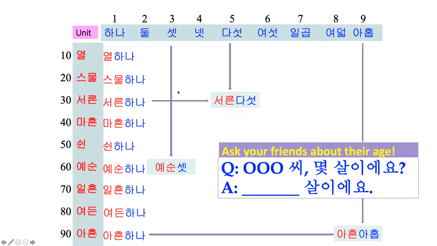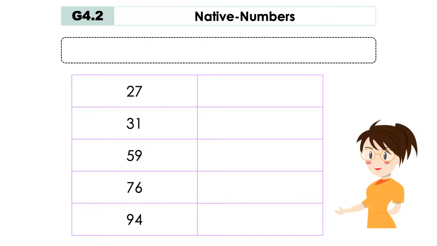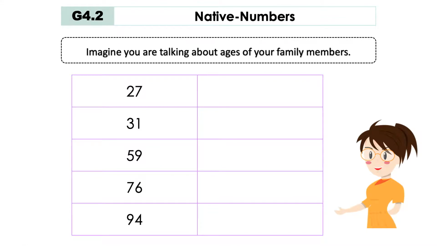So if you are 23 years old, then you should say 스물세 살, not 셋. So 하나, 둘, 셋, 넷, they actually take different forms when combined with the noun counter. You should remember that. Let's practice with the following numbers. Let's imagine you're talking about your family member's age.